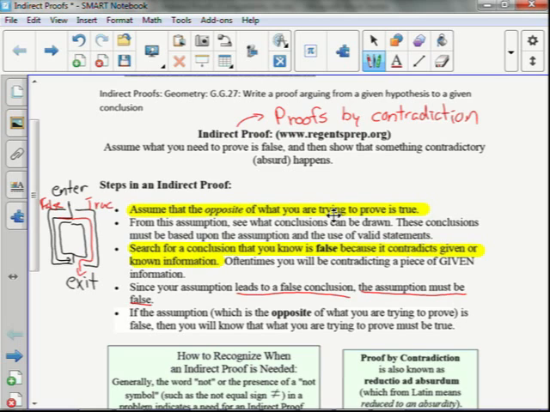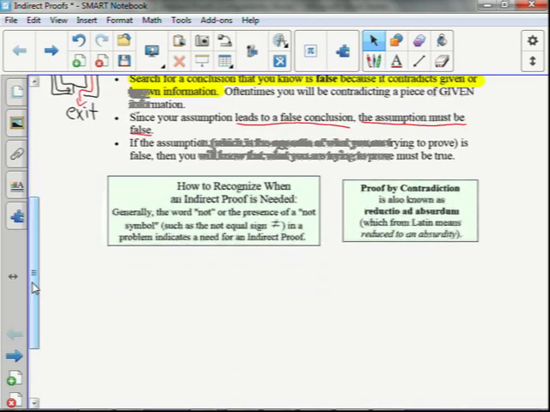And how do we know when to use this? Generally, when the word not, or the presence of that symbol, is there, we're going to use this indirect method.